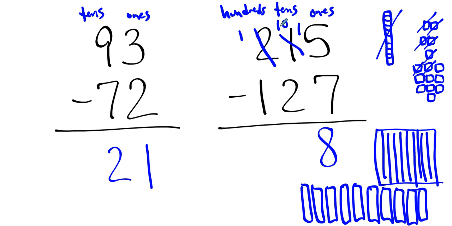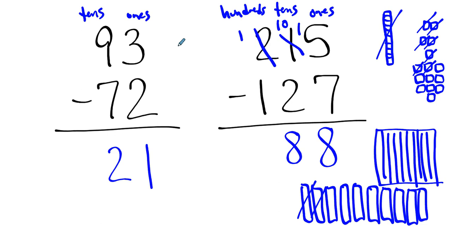And we bring that over to here so that there are not no tens anymore. There are 10 tens, and we can subtract 2 of those tens. There are 8 tens left over. There's 100 left in the hundreds column. We subtract it out, and the answer is 88.